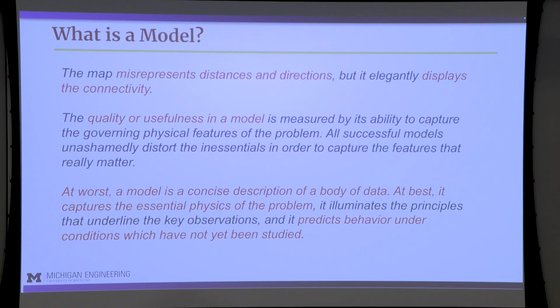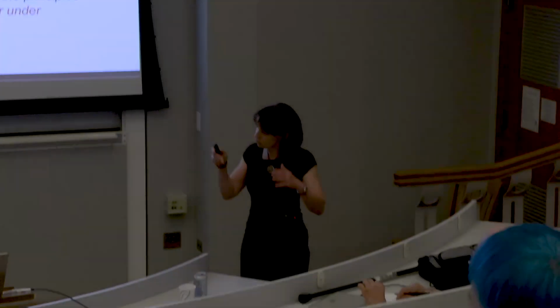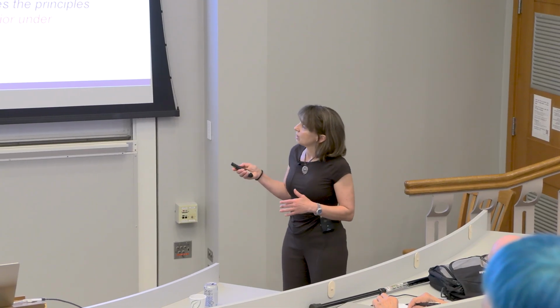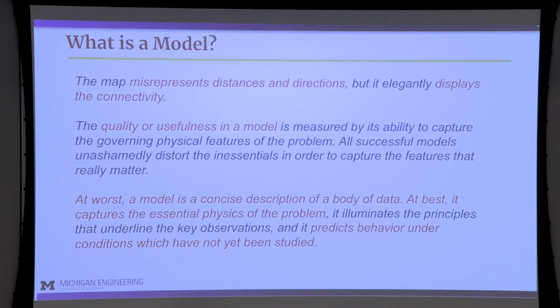The quality or usefulness of a model is measured by the ability to capture some of the governing physical features of the problem. This is important because, again, when you choose a tool or you need to make some approximation, like I did before, you need to make sure that those kinds of criteria are preserved.